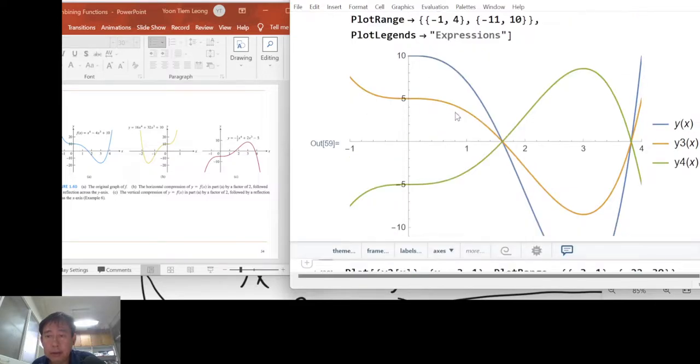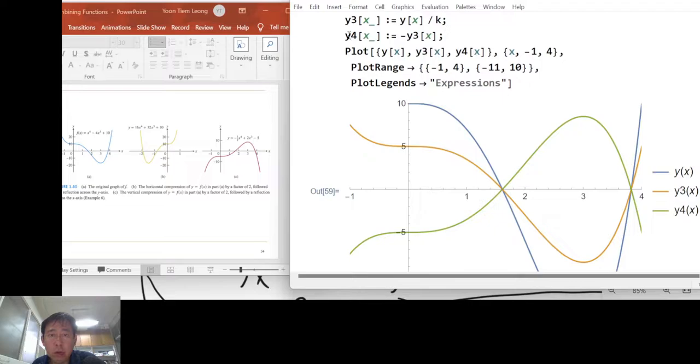Once you obtain y3, then we reflect y3 about the x-axis, so that this orange color curve is now reflected about the x-axis to give you the green color curve. So the green color curve y4 is just this curve as displayed in the PowerPoint.